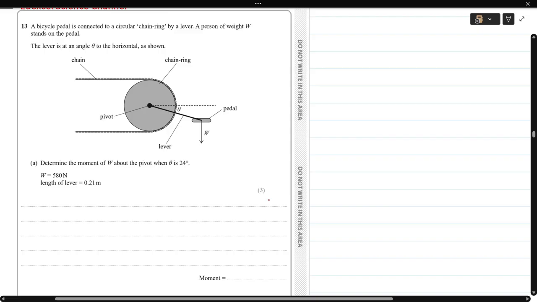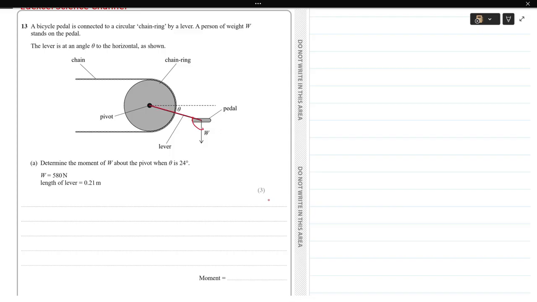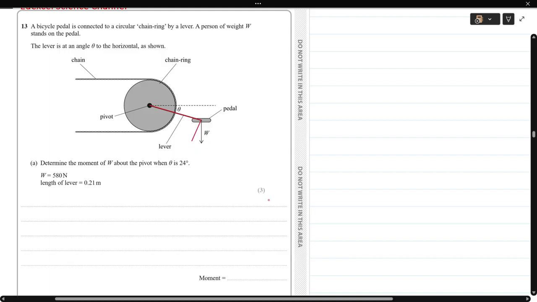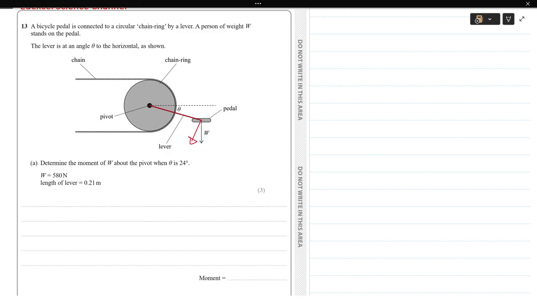I repeat, whenever there is a force at an angle with the object that is rotating, you have to find out the components of that force, and you have to use the component that is perpendicular to the plank, to the rod, whatever there is.